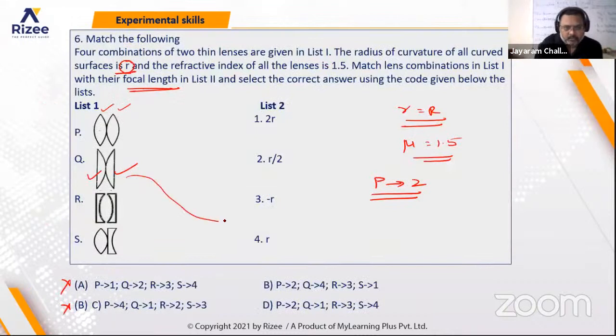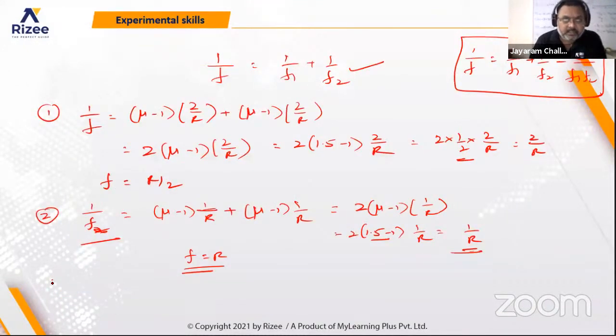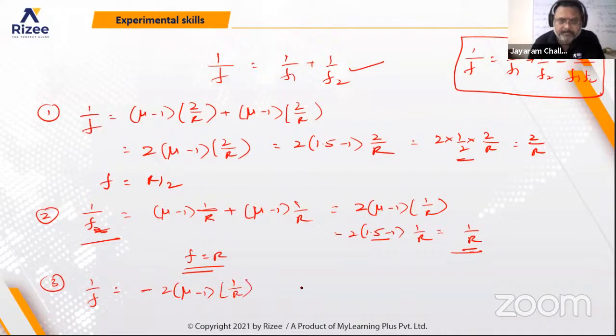So that means Q is related to the fourth one, and P is related to the second one. So P2, Q4 you have got only in option B. You can check it out like this. Or else, if you want to determine all the values, we can also go. These are nothing but two plano concave lenses. For the third one, plano concave lenses, 1/f = directly I am writing 2 times a minus sign, 2 into (mu - 1) into 1/r.